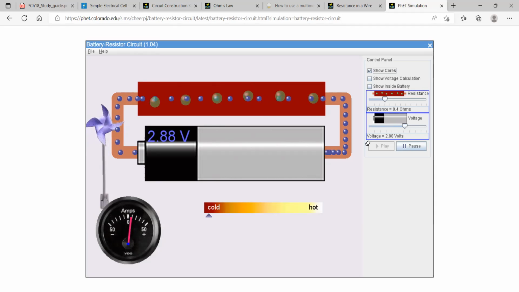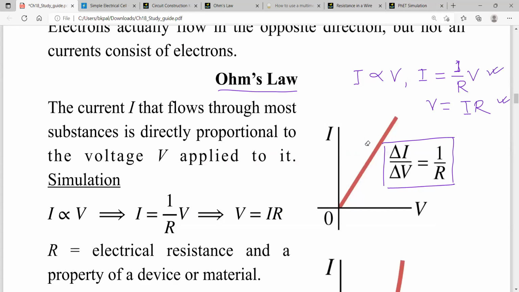So resistance is basically some internal property of a device, a metal, or a substance that resists the flow of electric charges, and it is constant for a device.